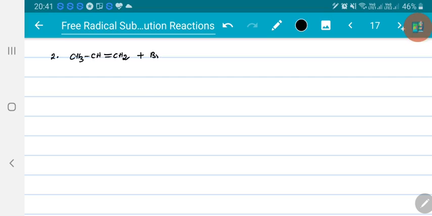With the Br radical, this forms the CH2 radical, CH=CH2, plus HBr. And a very important thing: you may worry that instead of the allylic position, the radical may attack the double bond also. So we need to remember this.